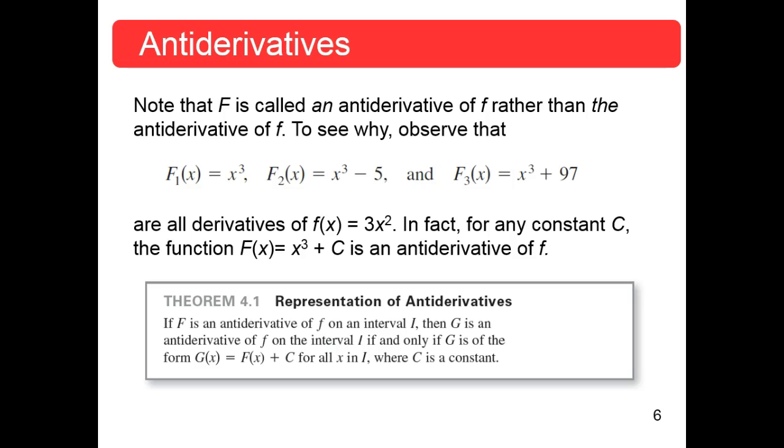Square root of 2/3, whatever. But then again, they still say an antiderivative of f. Okay, so Theorem 4.1 says representation of antiderivatives. If capital F is an antiderivative of little f on an interval I, then G is an antiderivative of f also on I if and only if G is of the form capital F plus C for all x in I, where C is any arbitrary constant you want to put there.